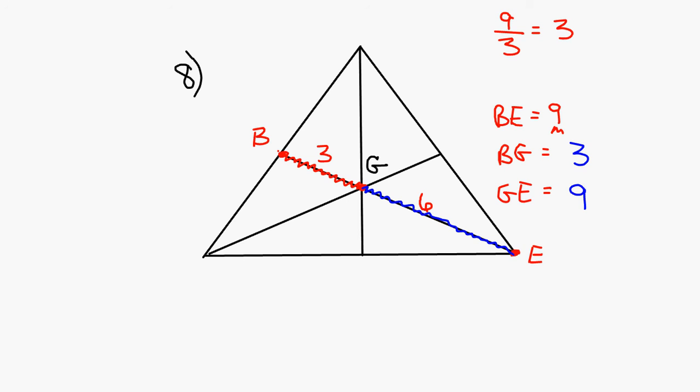Say that again. G to E is not equal to 9. B to G is equal to 3, and G to E is equal to, yes, sorry about that. That's a 6.